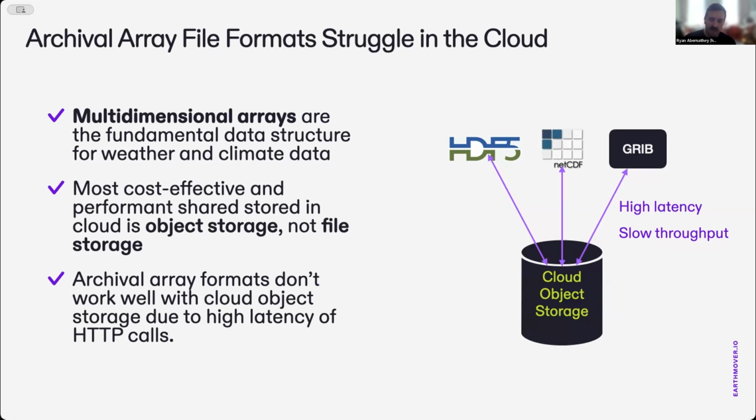Engineers mentioned that they're spending a lot on S3, but they would be spending 10 times more if they wanted to use mounted disk volumes in the cloud. So S3 remains the most cost-effective way to store big data in the cloud. But those archival file formats don't work well in cloud object storage due to the high latency of the HTTP calls associated.